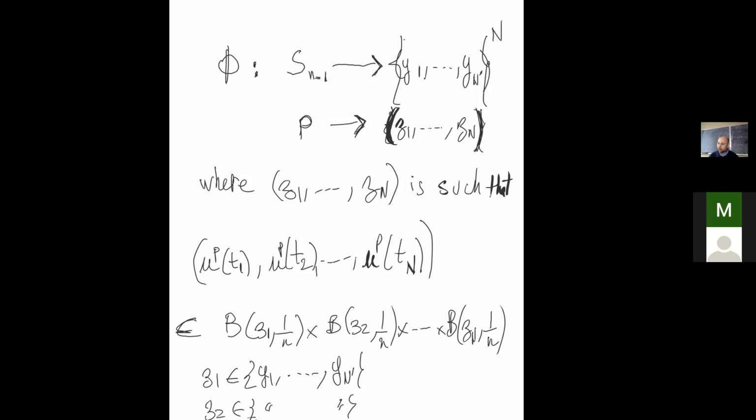Now, my function phi starts from a set which has an infinite cardinal, but it takes values on a finite set. What is the implication of that?